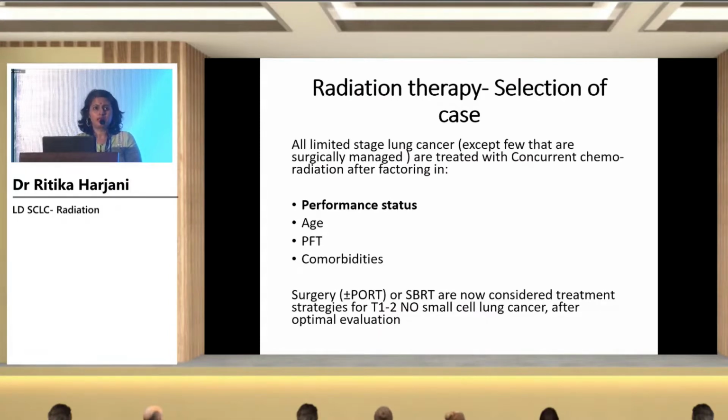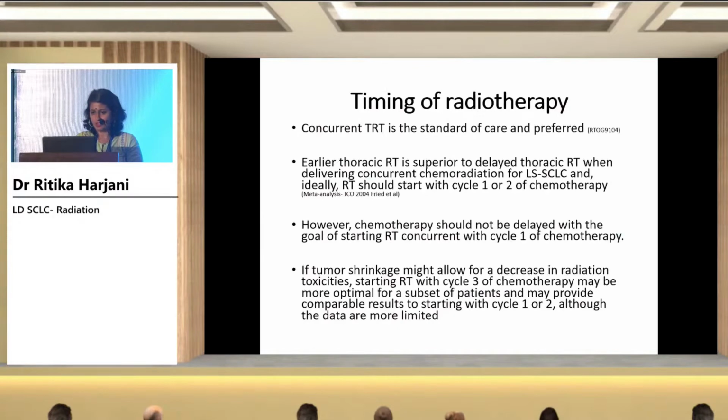But the most commonly employed treatment for them is concurrent chemoradiation. And in the last few years, we have come up with really true stage 1 and stage 2, wherein we have T1, T2, N0 tumors with mediastinal staging showing negative nodes. Then surgery and SBRT have also come up recently.